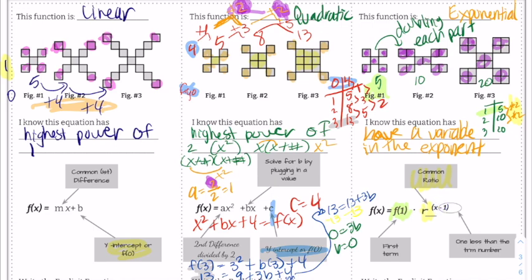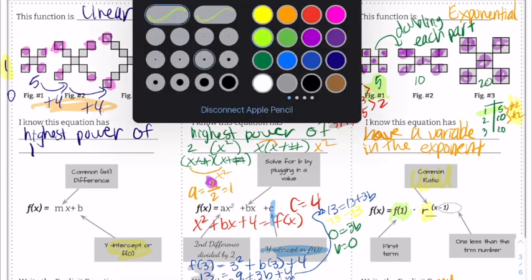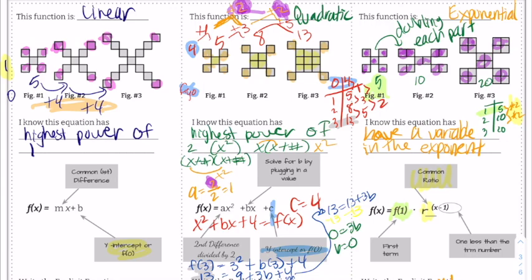That's just part of the formula that we have. So we have f of x equals the first term, which is 5, times the common ratio, which is 2, to the x minus 1. And then that becomes our explicit function for the exponential. Okay? And that is a wrap-up of what we have been learning.